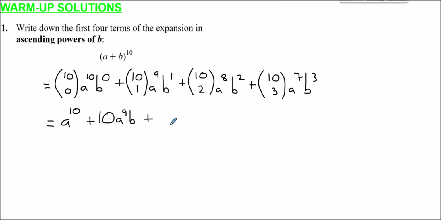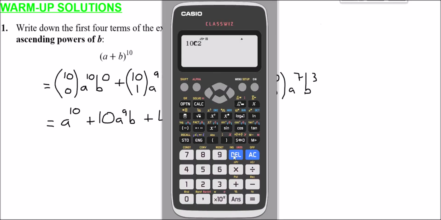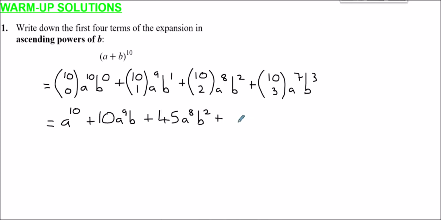So then we're going to have 45 a to the 8 b squared, and then 10 choose 3 is going to be 120, so we finish with 120 a to the 7 b to the power 3, and that concludes our answer.